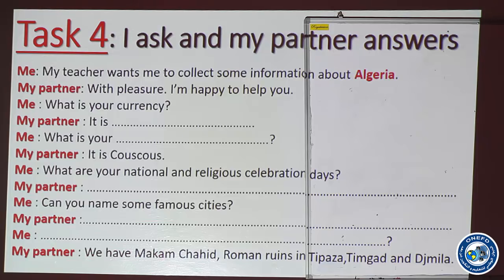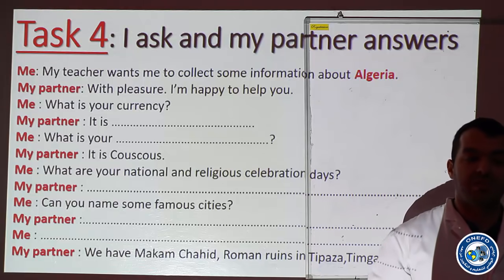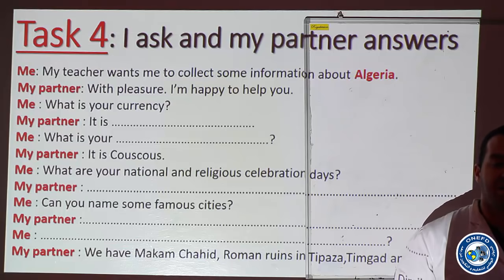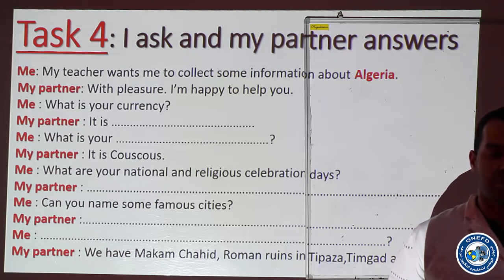We have Makam Shahid, Roman ruins in Tipaza, Timgad, and Djemila. Okay? So, my dear pupils, I will give you 5 minutes. Try to do this task, I ask and my partner answers. Take your time.